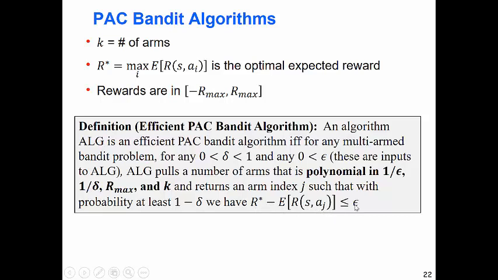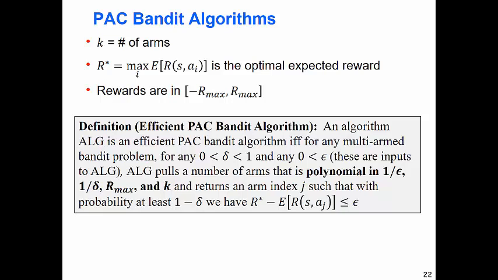Okay, so it's epsilon close. So let's think about this again. Our algorithm is going to pull arms a number of times. Eventually it will stop and return an index j. And what the algorithm has to guarantee is that with probability 1 minus delta, that arm has a reward that's approximately correct, approximately optimal, and in particular within epsilon of optimal.